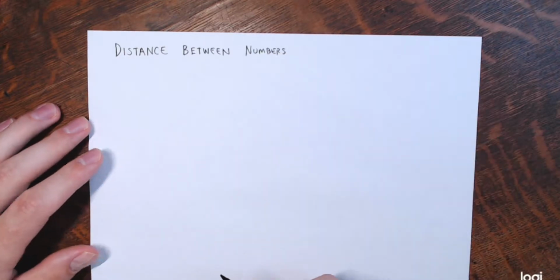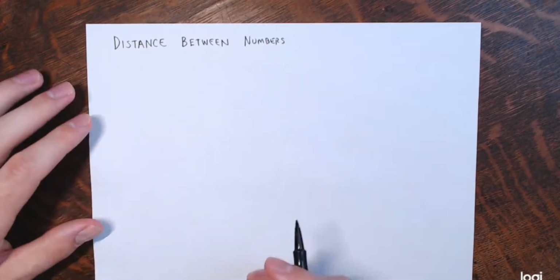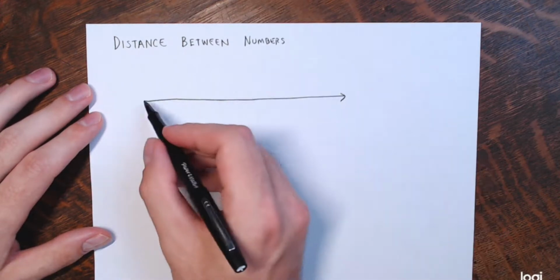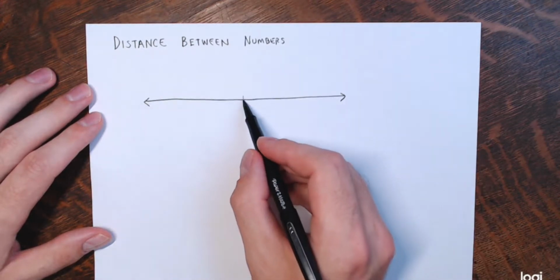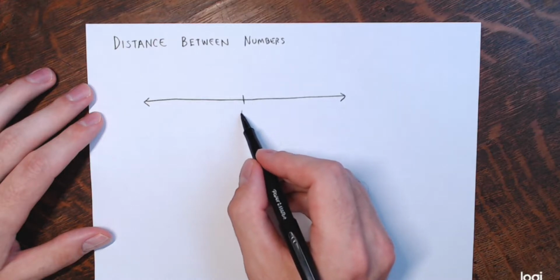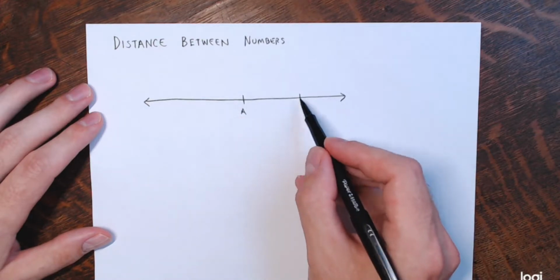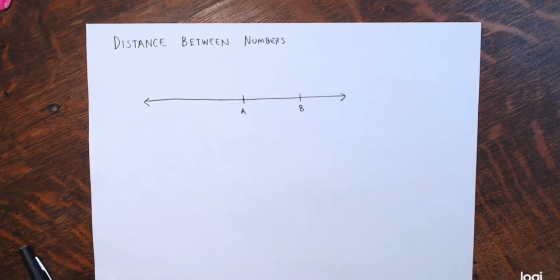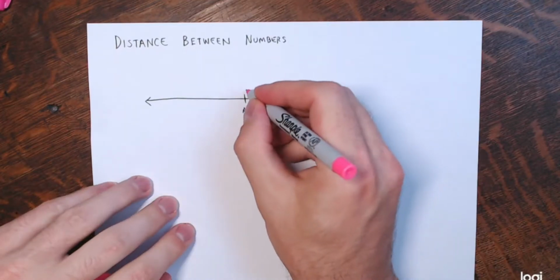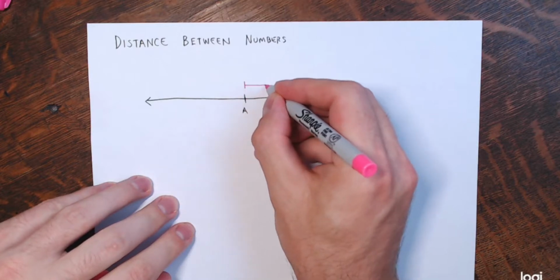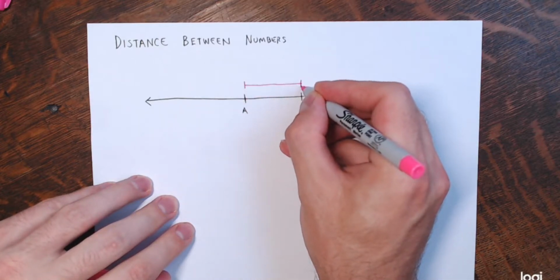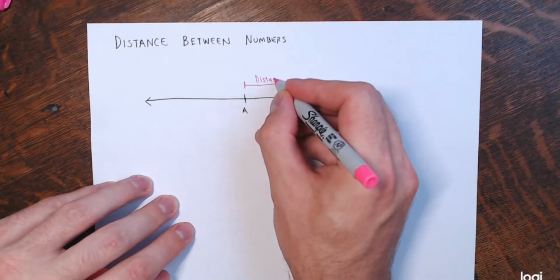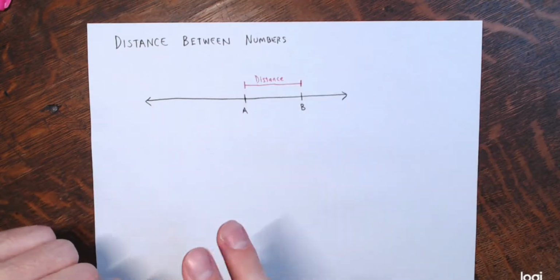So the distance between two numbers, say here's the number line, and I have numbers A and B. Now the distance between them is this length here that I'm highlighting in this color marker, this pink. There's the distance between A and B.